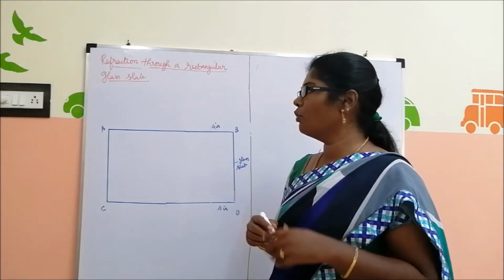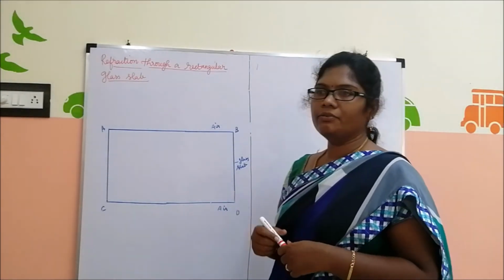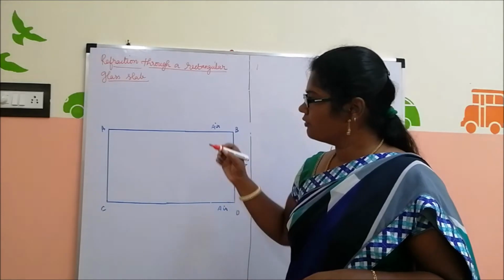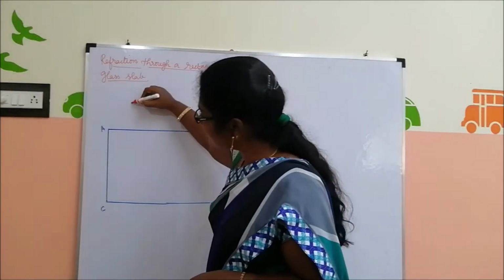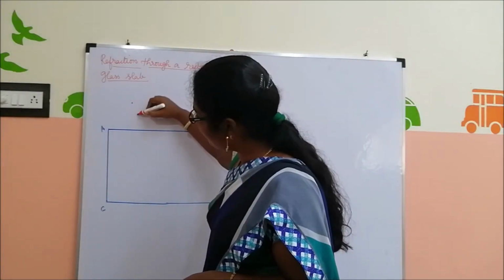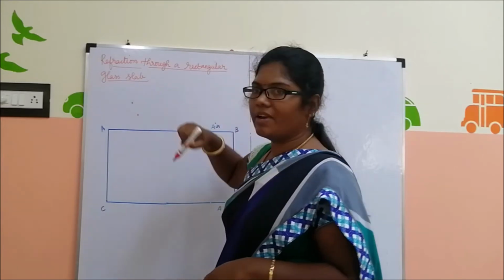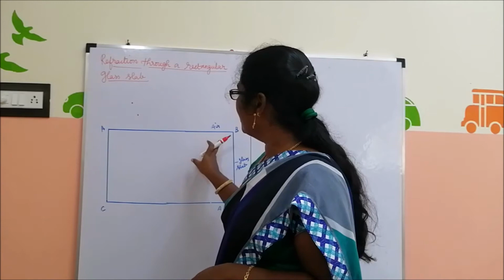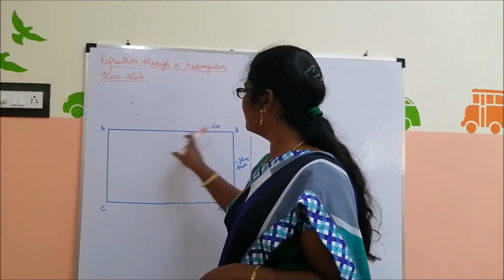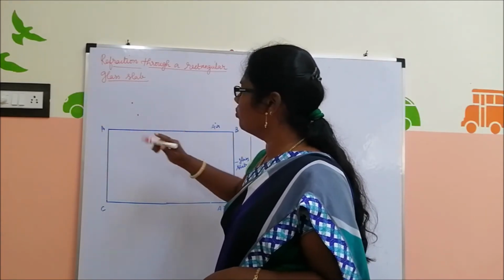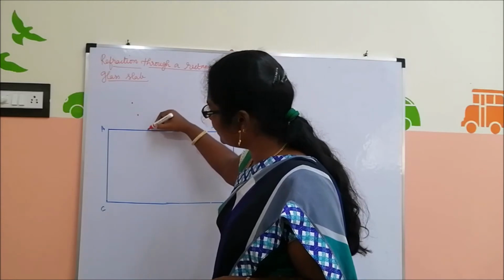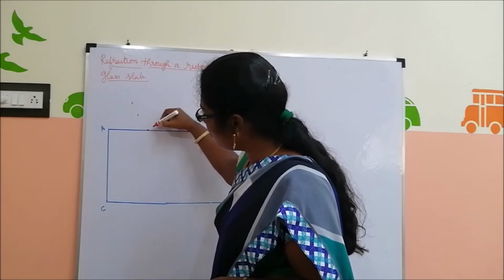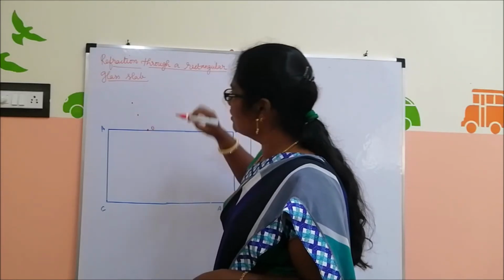So take 4 pins E, F, G, H. First place the pins E and F here in such a way that if we draw a straight line, it will hit the line AB at the point O.